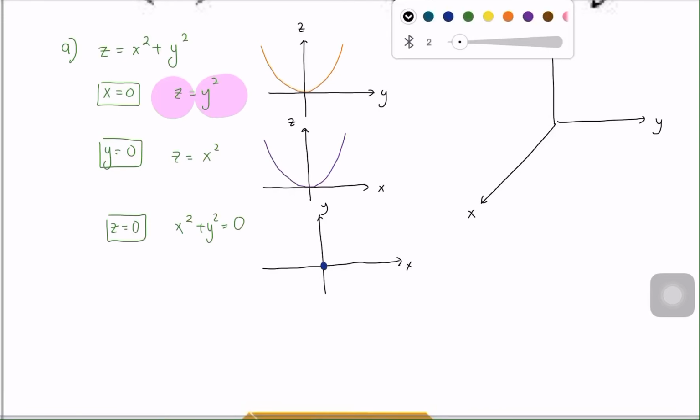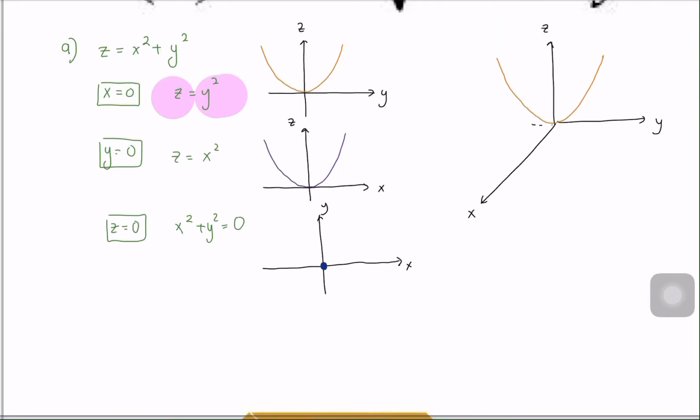Let's choose the yz plane, which is at the front wall. So it will be like this, right? For the xz plane, meaning that we have the side wall here.